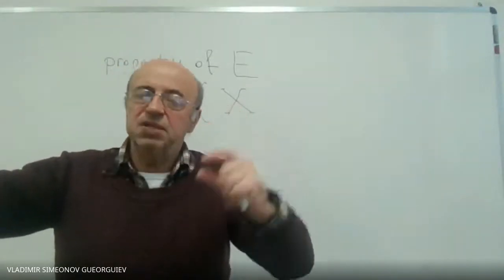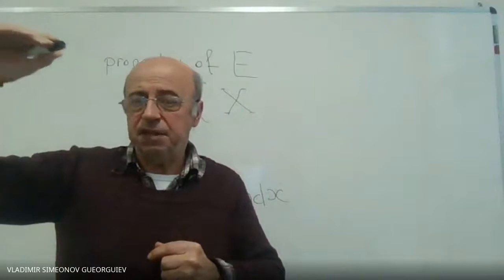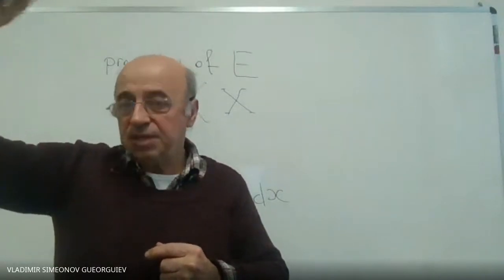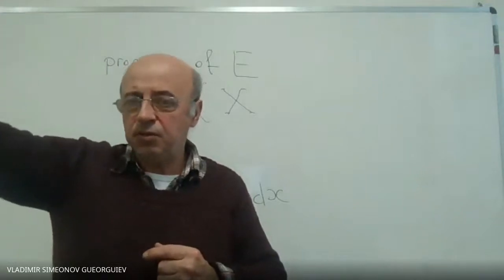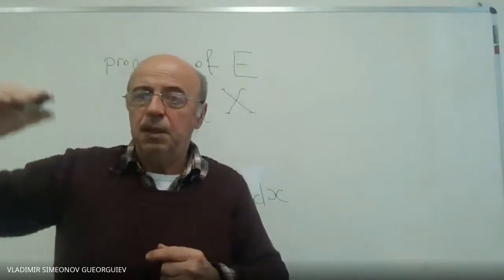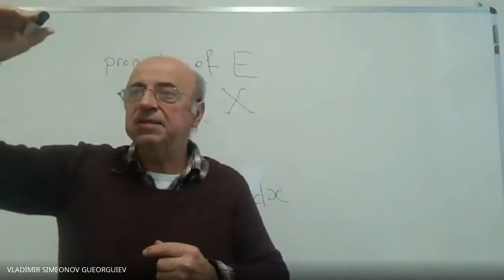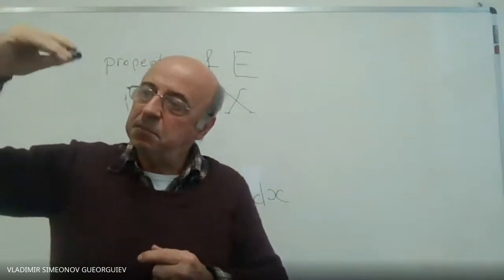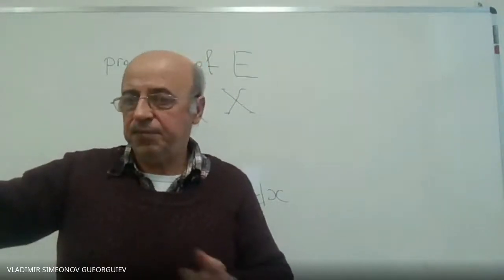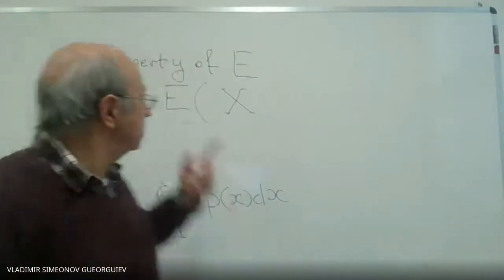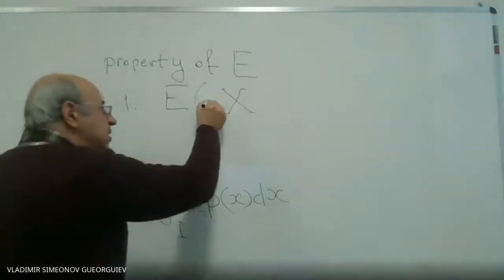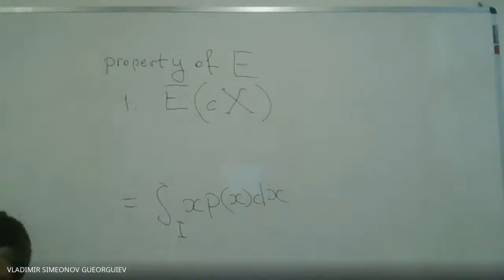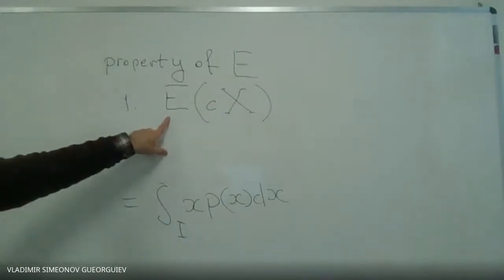In this sense, we can say that the frequency of the note La is determined in such a way that when you speak about Do, then Do is a kind of frequency of La. Therefore, we can speak about a constant multiplied by our random variable and try to compute this expectation.